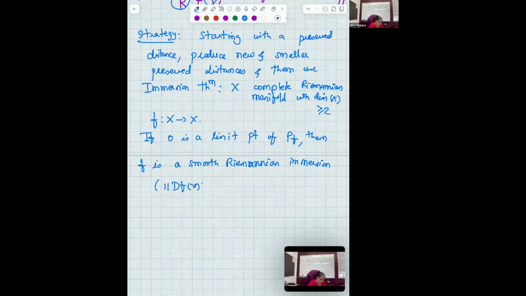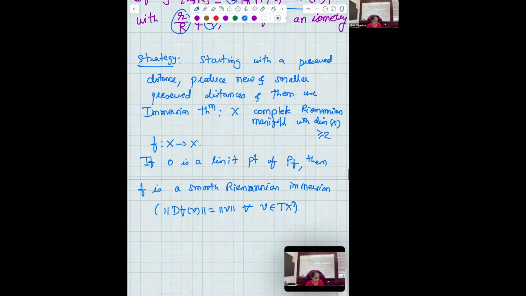Meaning that the length of a vector, and then when you apply the differential to that vector, it's the same for all tangent vectors in the tangent bundle. So this is the strategy.